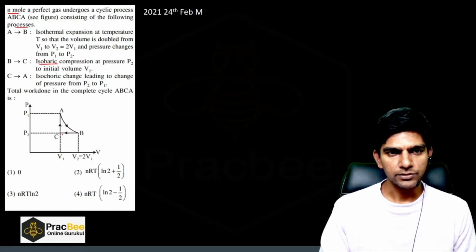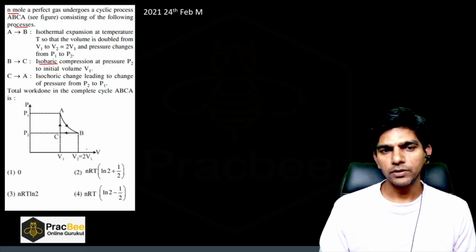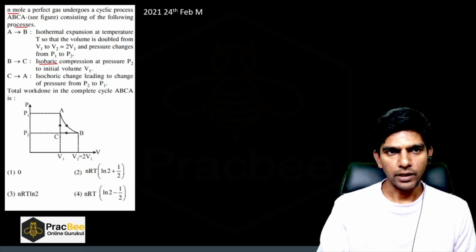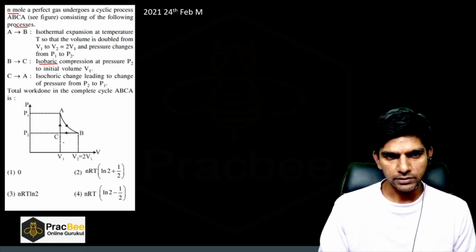And then there is an isochoric process, C to A, where pressure is increasing from P2 to P1. Now we need to find the total work done in the cyclic process, and we are given n moles. So can you see there are three processes, A to B, B to C, and C to A.